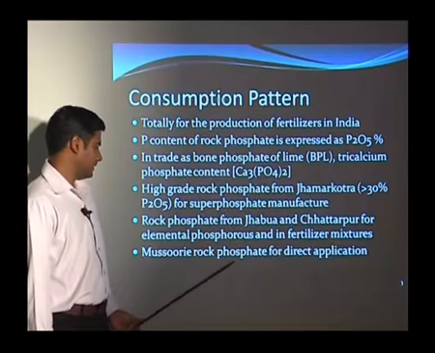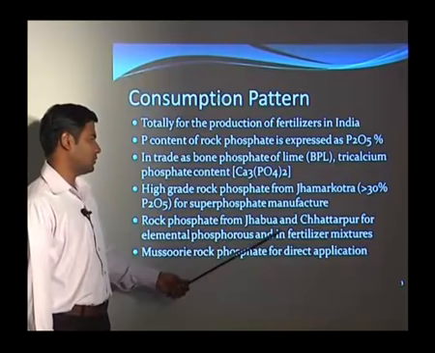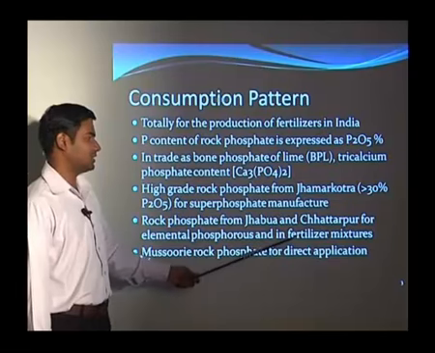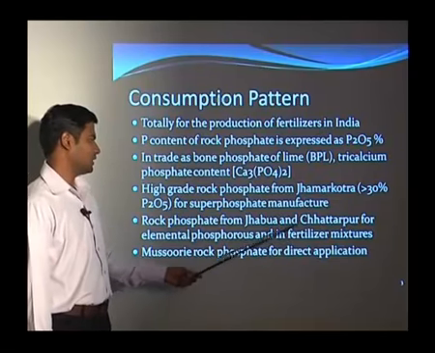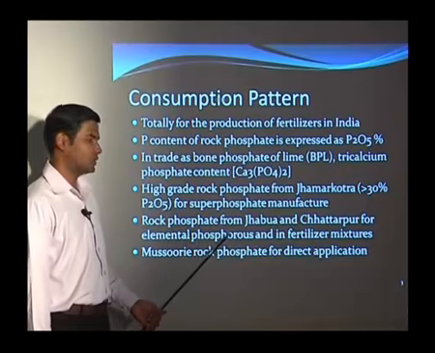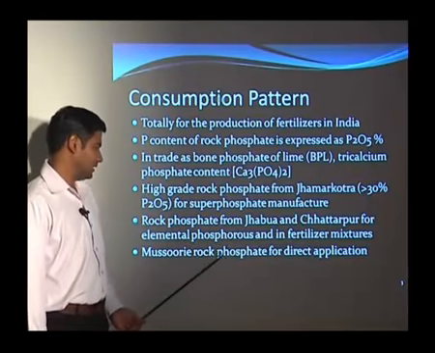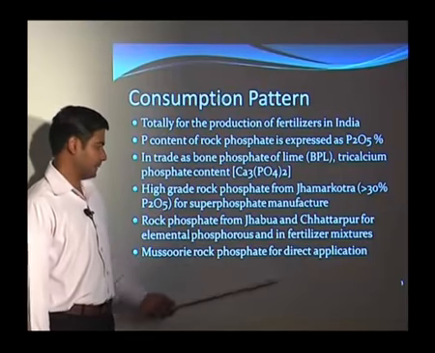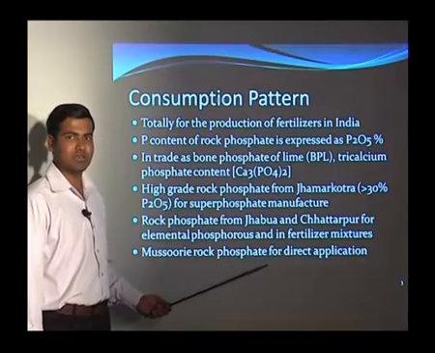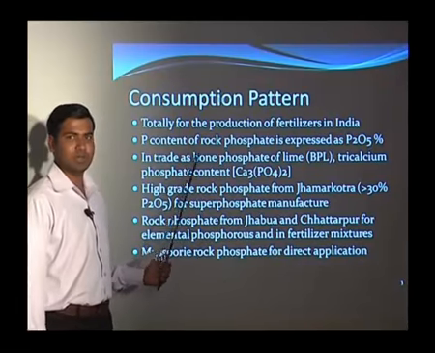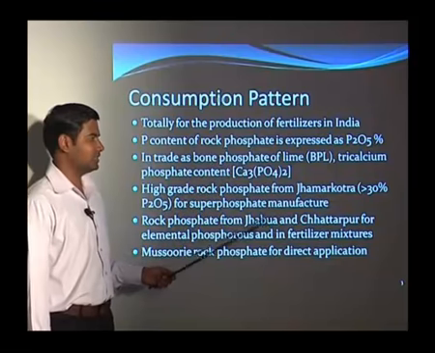Then the rock phosphate from Jhabua and Chattarpur is used for elemental phosphorus and in fertilizer mixes. These two we can find in India, where we can use the rock phosphate to produce elemental phosphorus. And lastly, the Mussoorie rock phosphate is for direct application as fertilizer. So these are the grades of phosphate rock we can find in India.